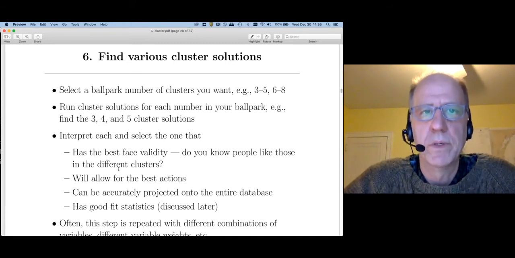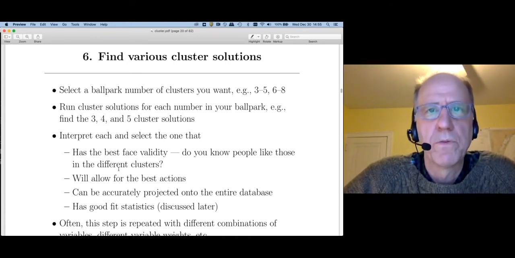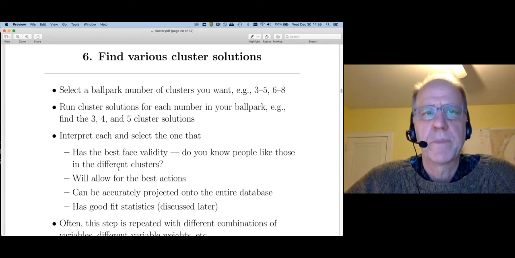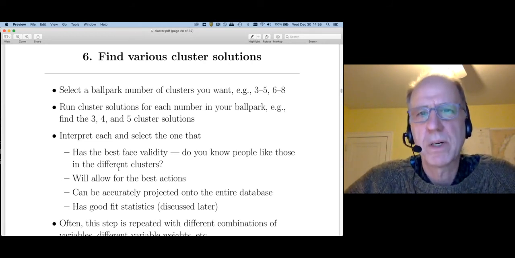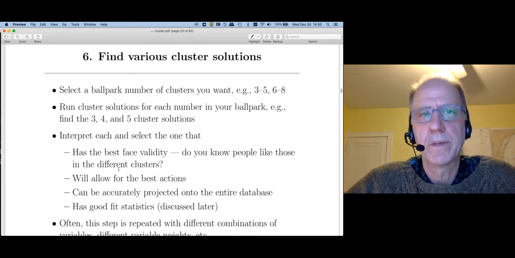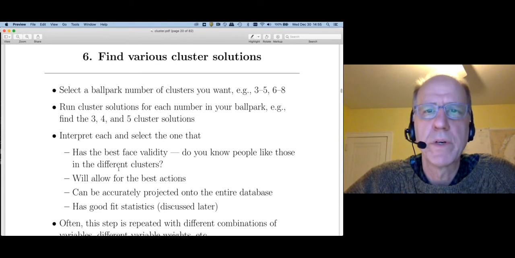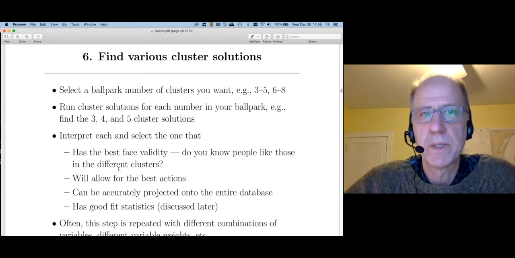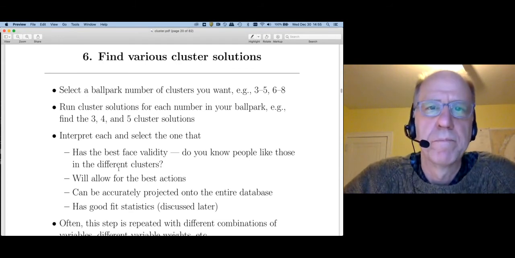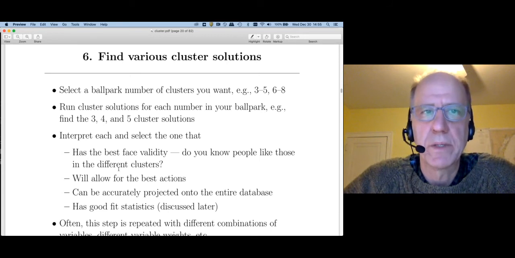Okay, so having chosen our variables, chosen the method we're going to use, and done various pre-processing on the variables, the next step is to go find different cluster solutions. So I would recommend starting with some ballpark number of clusters that you can support doing whatever you're doing. So if you're a business and you've never had segments before, maybe you can't handle supporting 30 segments.